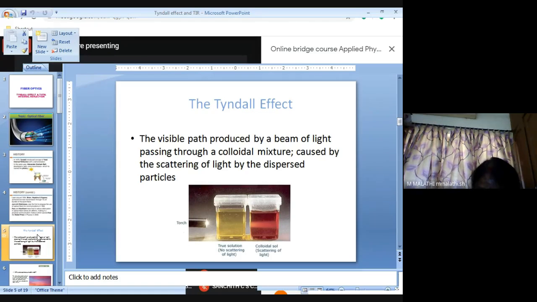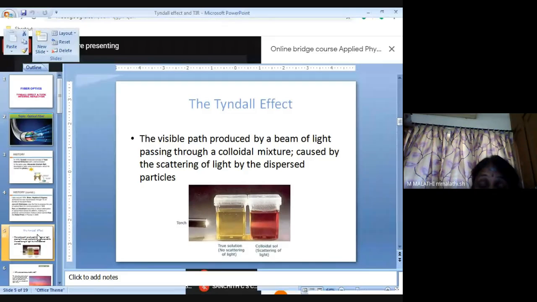So when a light wave passes through that colloid, the particles in the colloid make the light wave scatter. As a result, the path of the light wave through the colloid is visible in the second beaker. This is the Tyndall effect.